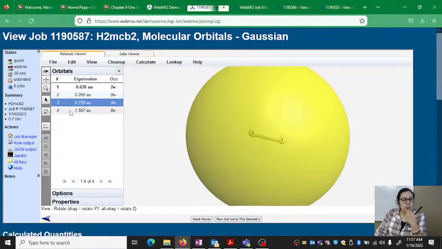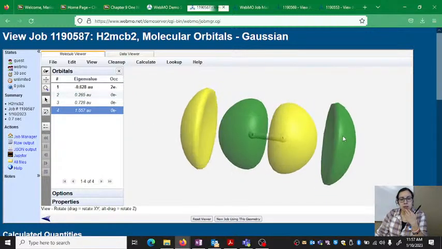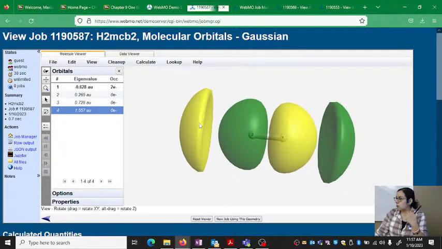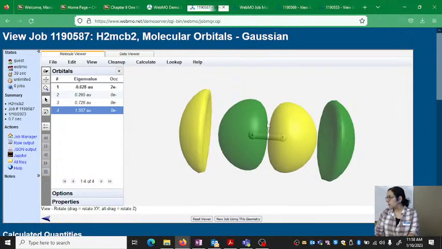But that's all these two higher ones are. This would be your P antibonding orbital, and you can tell it has that dumbbell shape to it. Obviously it gets a little refined, and they're out of phase, so the green shading doesn't match the yellow, so you know they're not bonding. This would be your PZ antibonding.